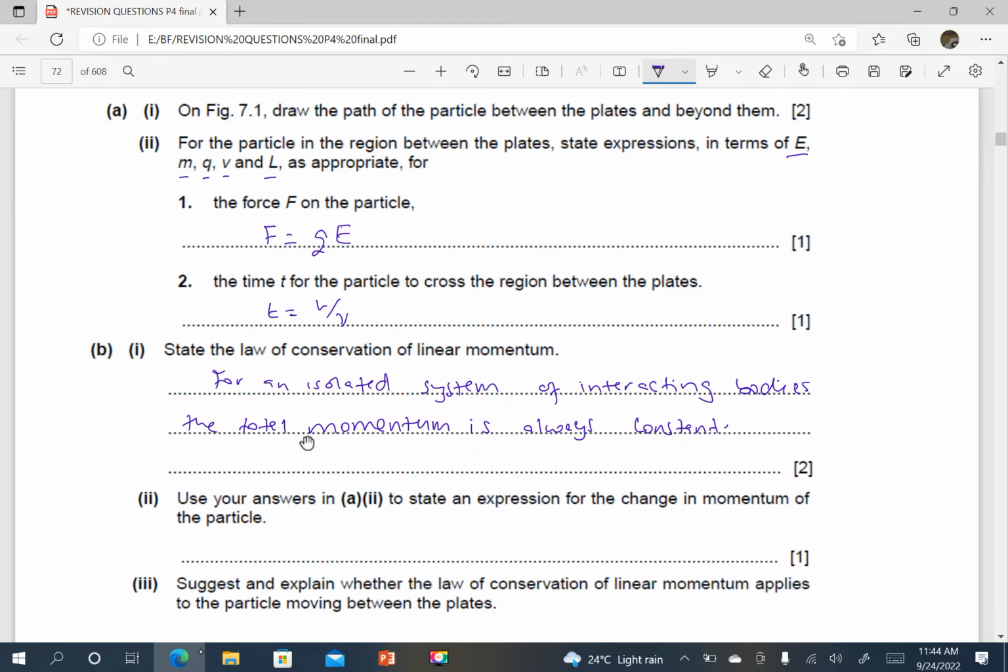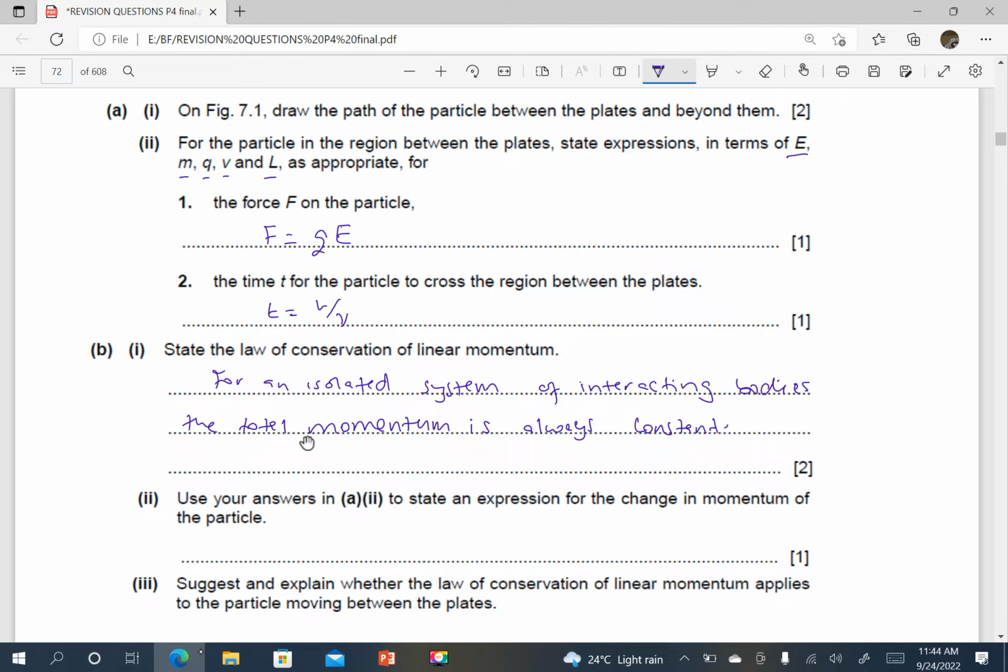What we mean by an isolated system of interacting bodies is a system of bodies where there is no external resultant force acting on them. So the total momentum before they interact is the same as the total momentum after they have interacted.